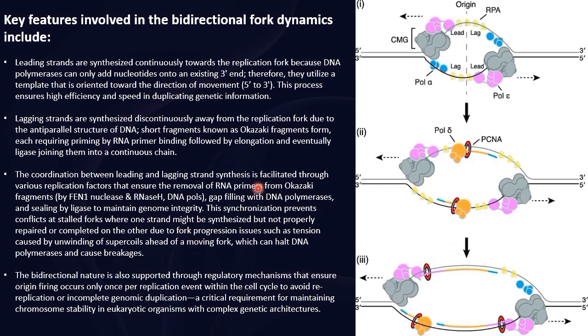They do this by creating single-stranded or double-stranded breaks on the DNA ahead of the supercoil. Then comes the bidirectional nature, which I have discussed in our previous slide on the DNA initiation step.